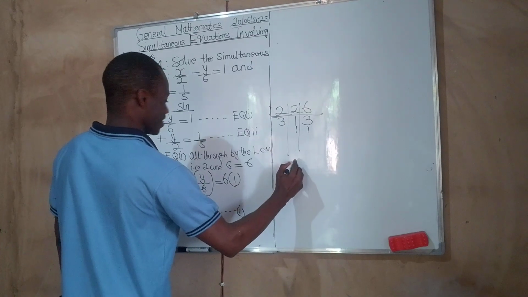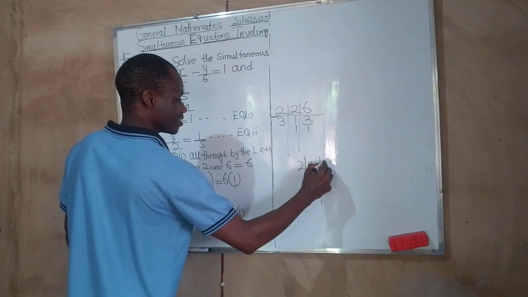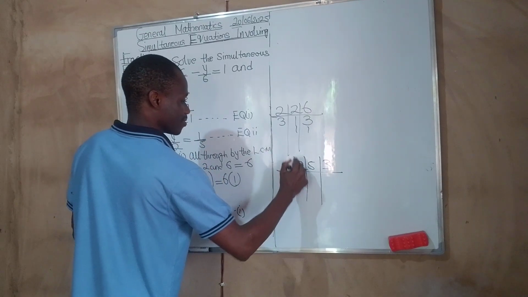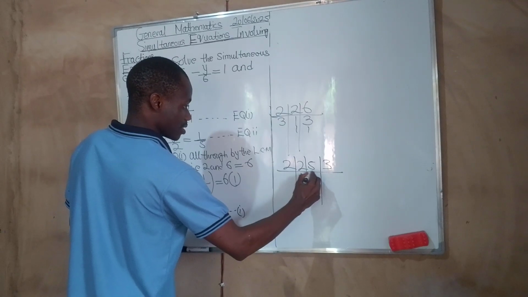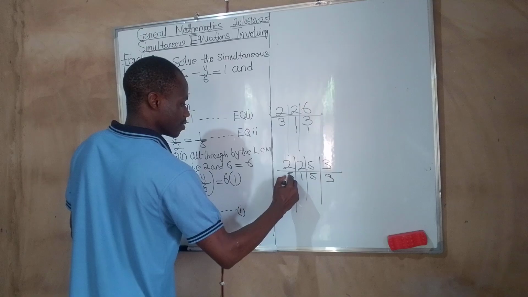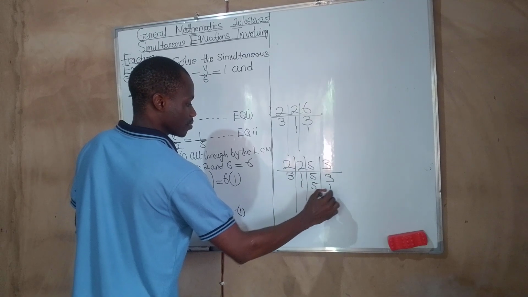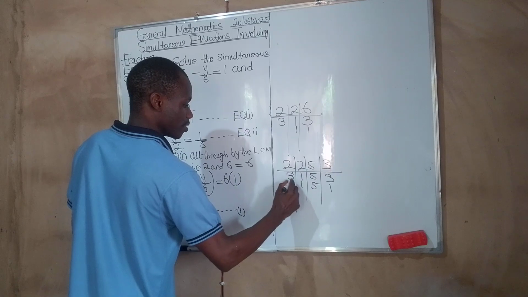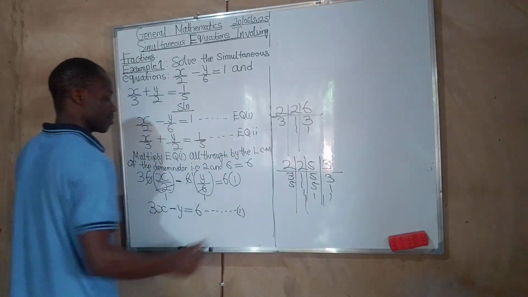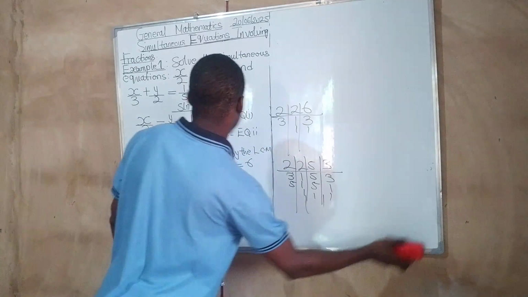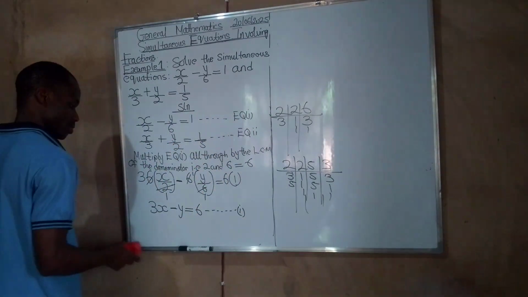Let's try. 2, 5 and 3. 2 here, 1. You can start with 3, 1, 5, 1, and 5, 1, 1, 1. So 2 times 3, 6, 6 times 5, 30. You're correct, it's 30. It's best you do it; don't just assume.